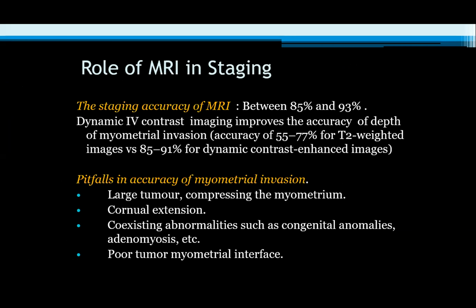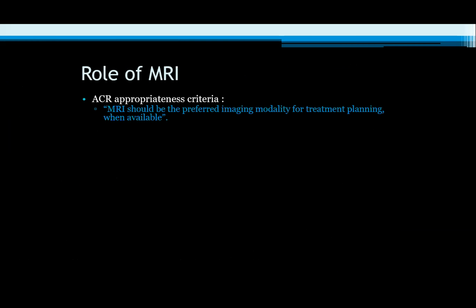Role: the staging accuracy of MRI is between 85 to 93%. Dynamic IV contrast imaging improves accuracy from 77 to 91%. The pitfalls in accuracy of myometrial invasion are large tumors which compress the myometrium, cornual extension, coexisting abnormalities such as congenital anomalies and or adenomyosis, and poor tumor myometrial interface.